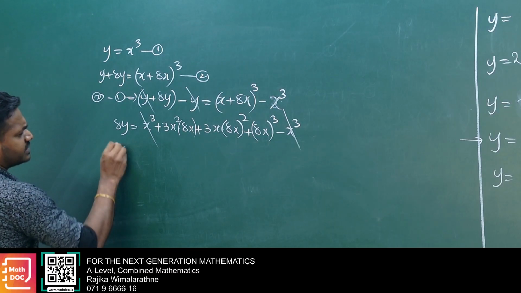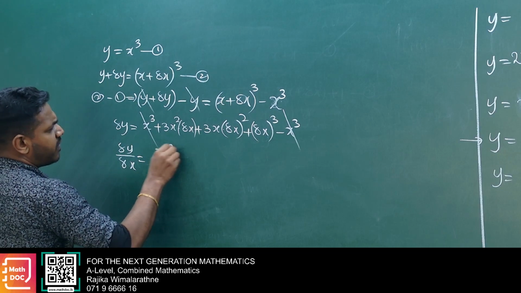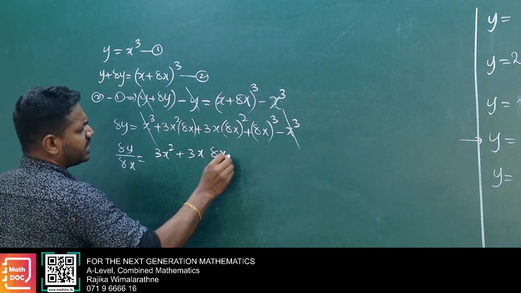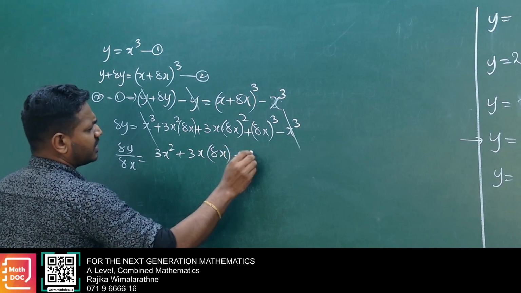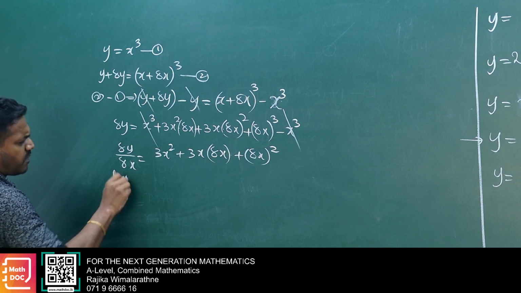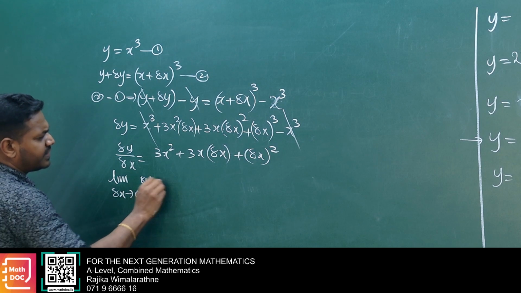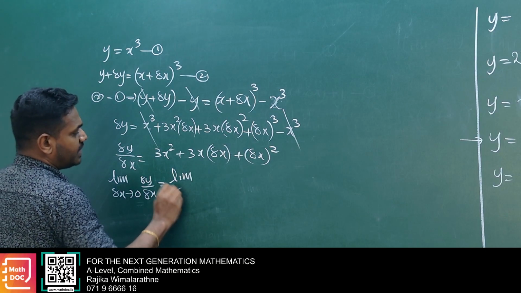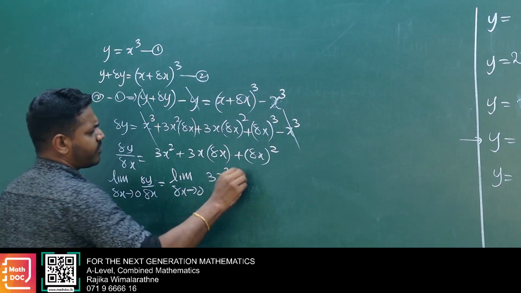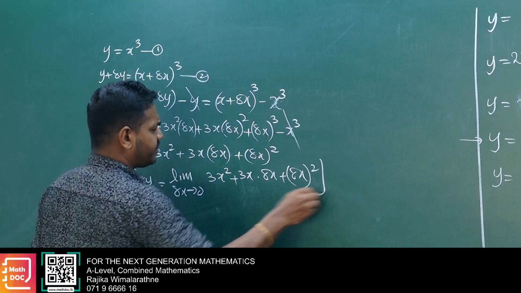Now divide by delta x. This will be 3x squared plus 3x times delta x plus delta x squared. Now put the limit. Limit delta x goes to 0 of delta y over delta x, of 3x squared plus 3x times delta x plus delta x squared.